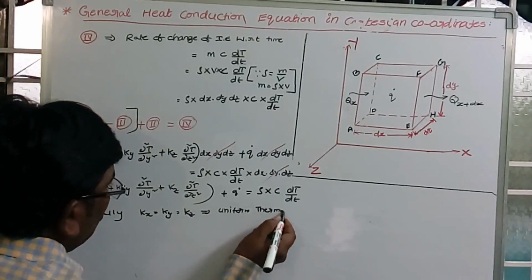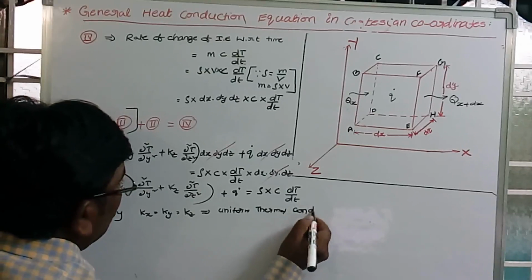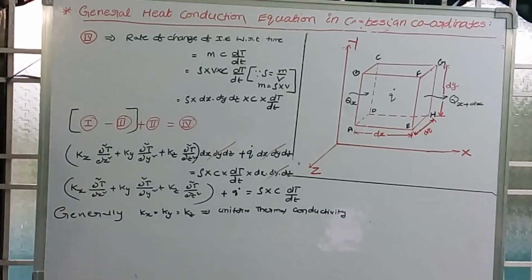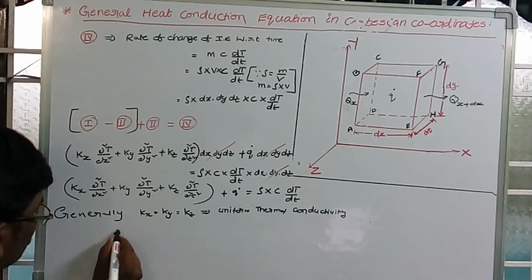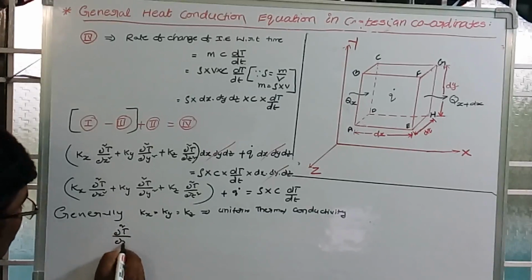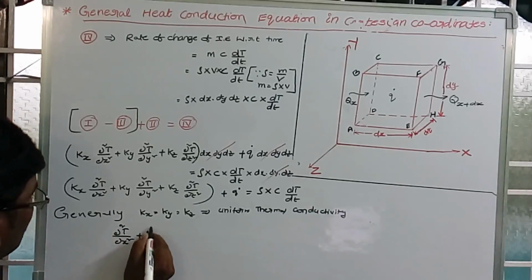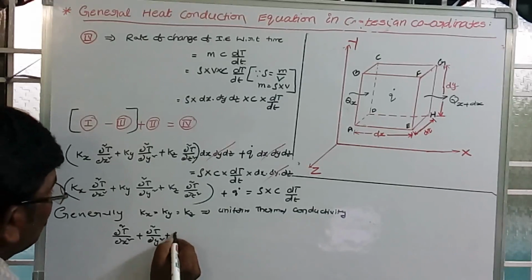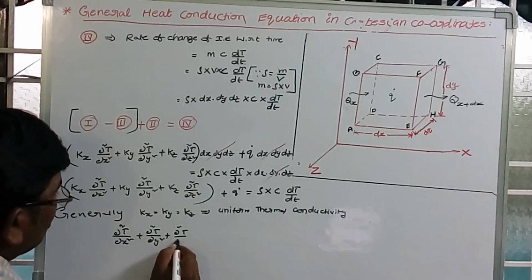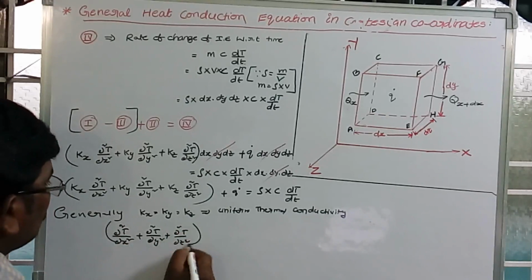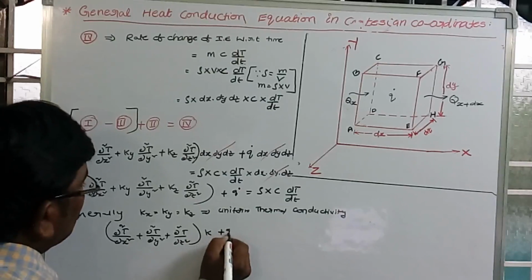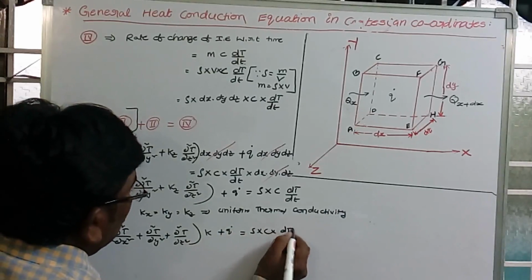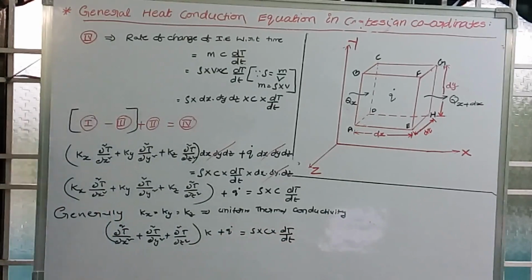So the equation is dou square T by dou x square plus dou square T by dou y square plus dou square T by dou z square, into k, plus q star is equal to rho into c into dT by dt.